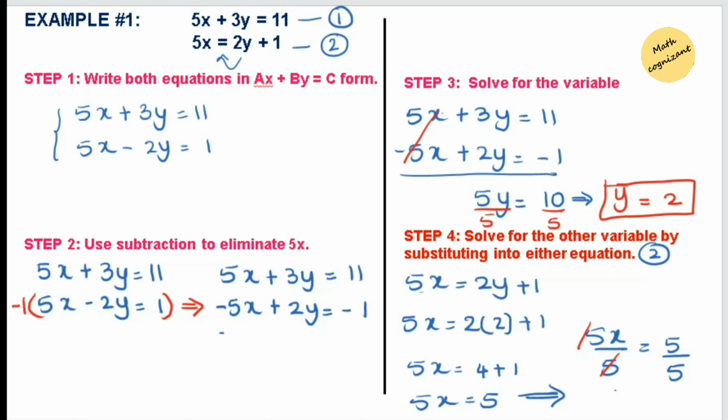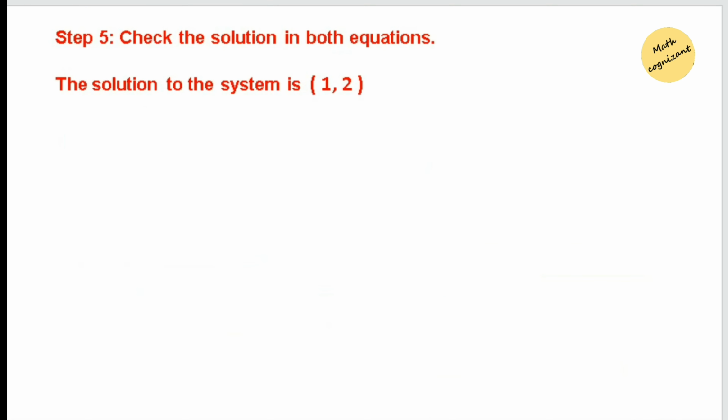I have calculated both the values of the variables x and y, and the last step is for the checking, that's a verification. Does the solution satisfy the equation or not? So in step 5 we need to substitute both the values, that's x equals to 1 and y equals to 2, in any of the above equations. So let's place it in equation number 1, that's 5x plus 3y equals to 11.